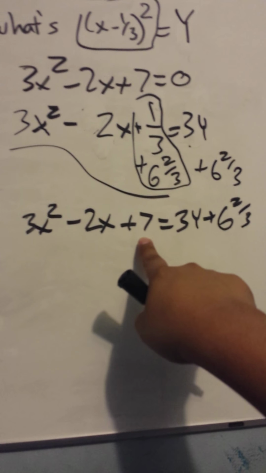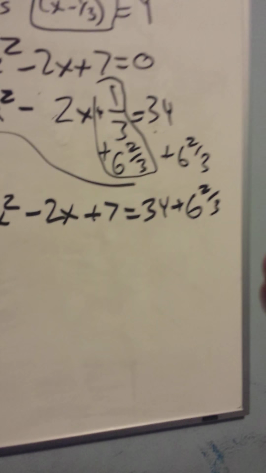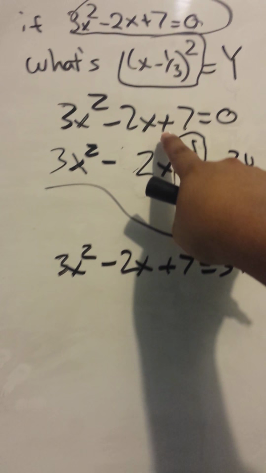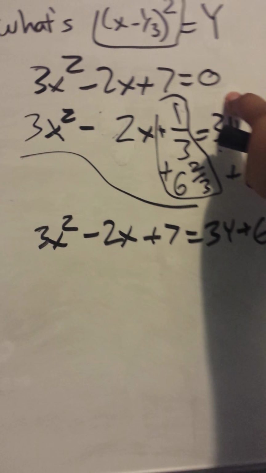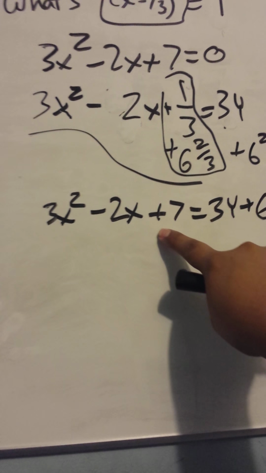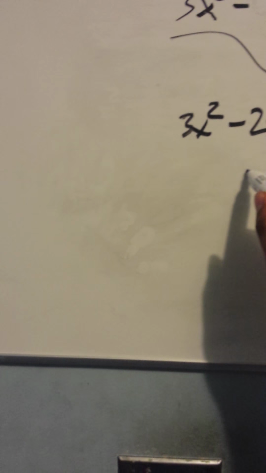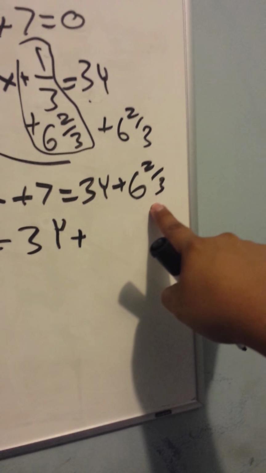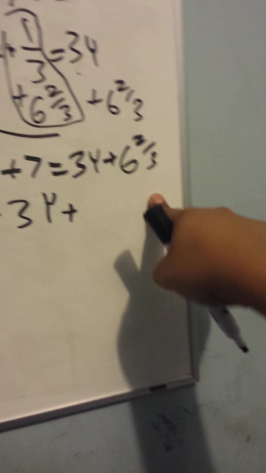Now if you notice, we have the exact same thing that we have in the top. They're saying that 3x squared minus 2x plus 7 is equal to 0, which means this can all be substituted with a big 0. And 0 is equal to 3y plus 6 2/3, which is a proper fraction.